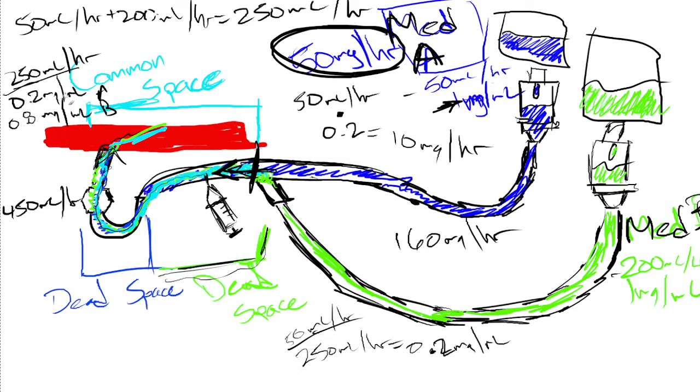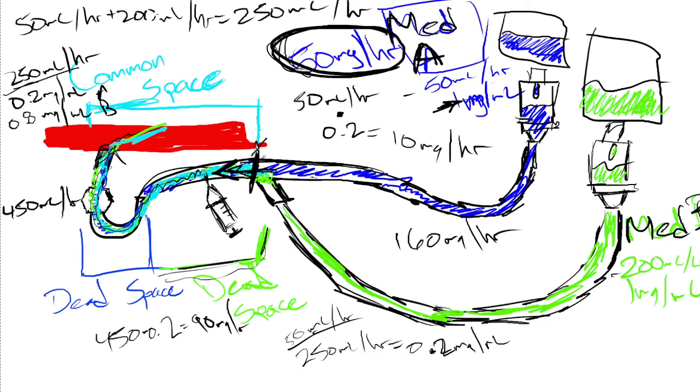So Med A, that was initially getting the 50 milligrams per hour, that's 450 times our 0.2, which is 90 milligrams per hour. That's almost double the dosage that we want this patient to be getting. And they're going to get that until, again, that dead space is cleared.